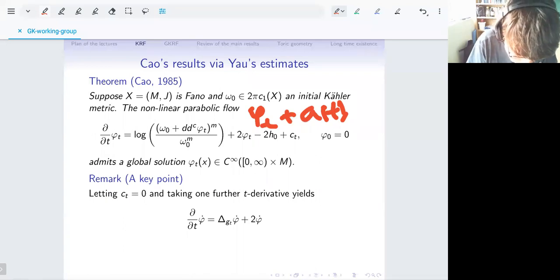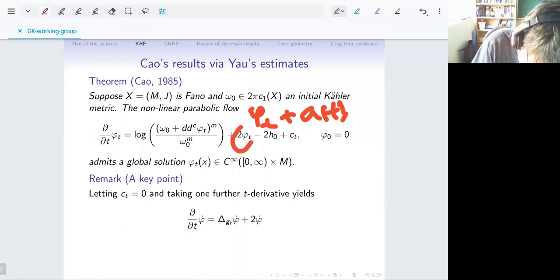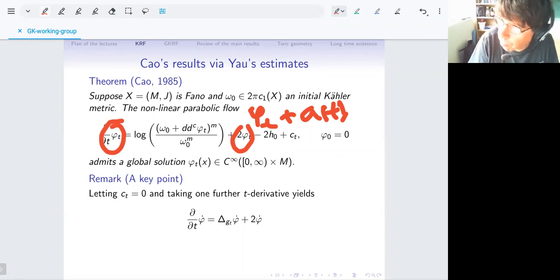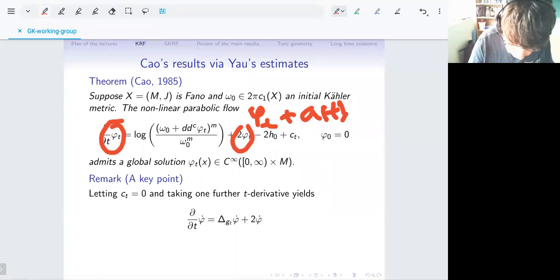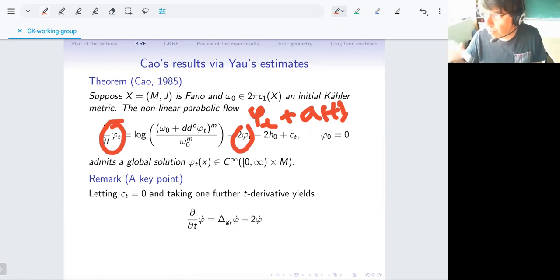So the only change will come from here and from here. So this c t, if you want, is a constant which allows us to renormalize the phi t solution. So it's a kind of normalization constant. So we can assume without loss of generality that c t is 0, up to appropriate normalization of phi t at each time.